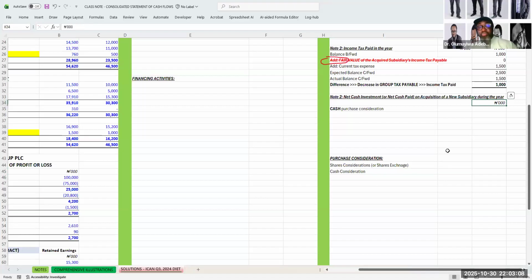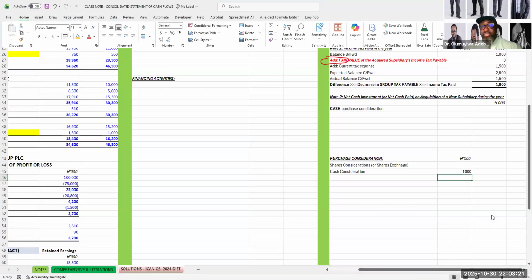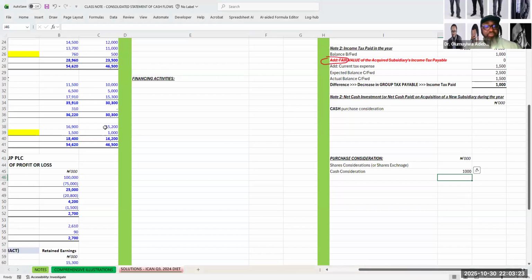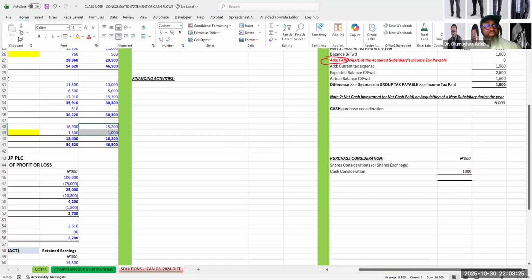The sum of the two. Cash consideration was easily given at 1 million, but what is our share consideration? We are going to determine that now.